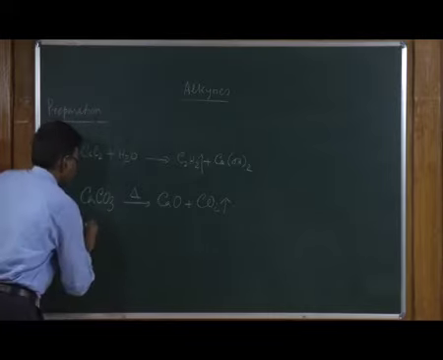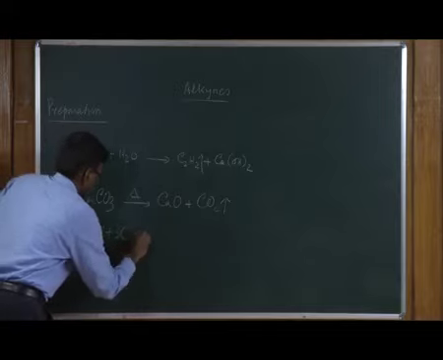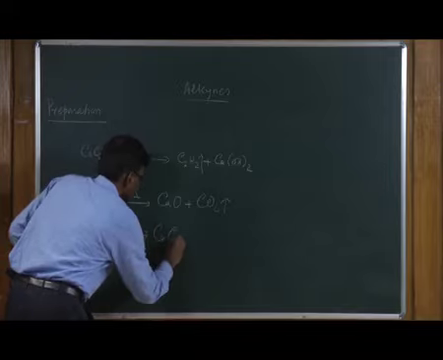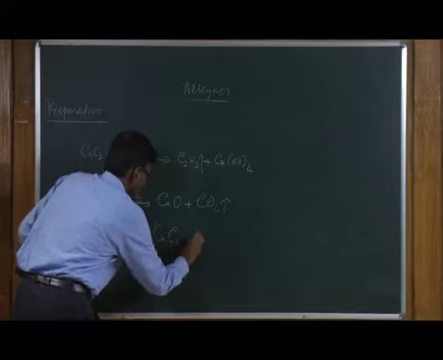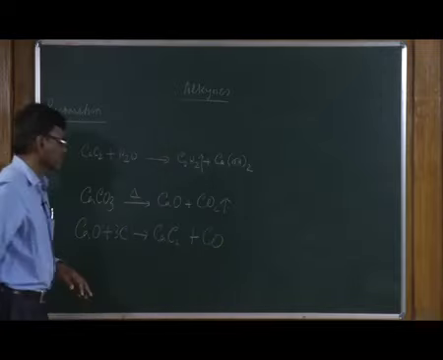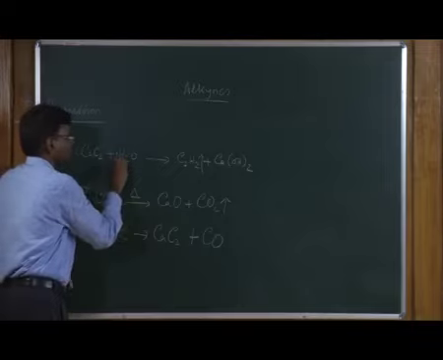When you react calcium oxide with carbon, you generate calcium carbide and carbon monoxide. The reaction with water involves two molecules of water.